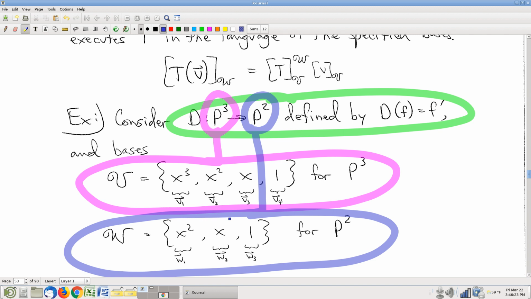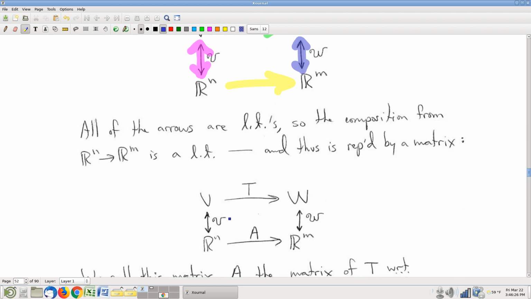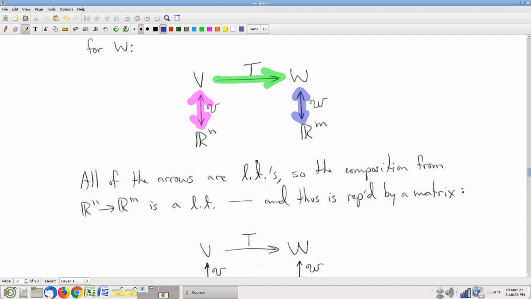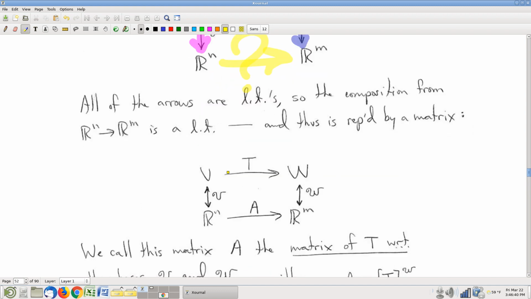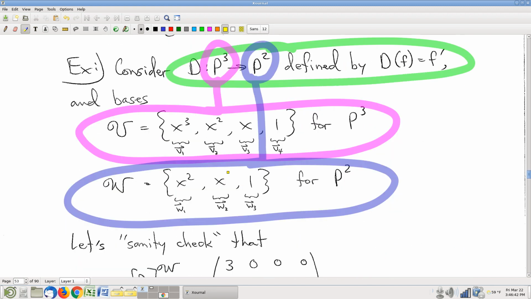So notice, just like in our setup, I have a linear transformation, an input basis, and an output basis, and I want to know what the matrix is that represents that linear transformation with respect to those chosen bases. All right, now I claim it's this.